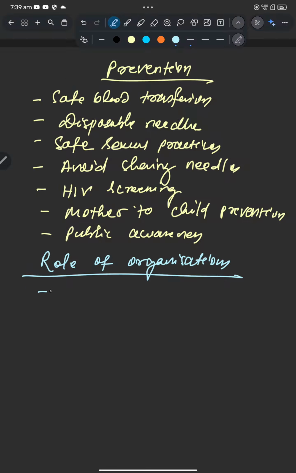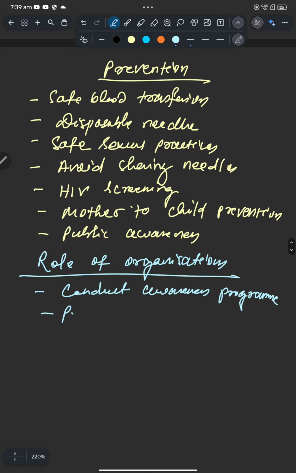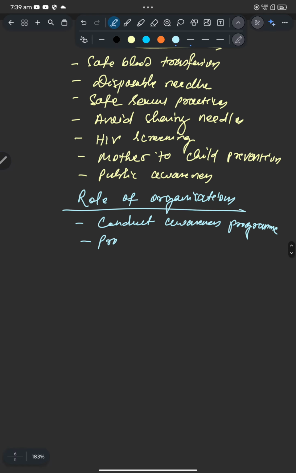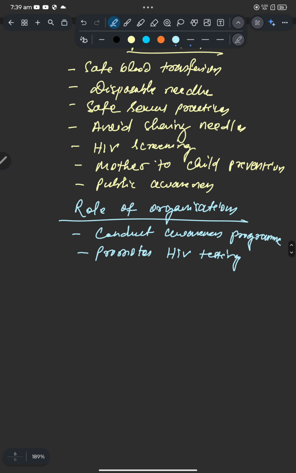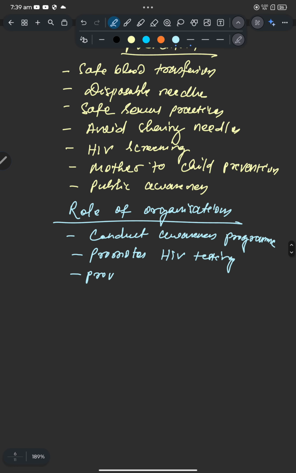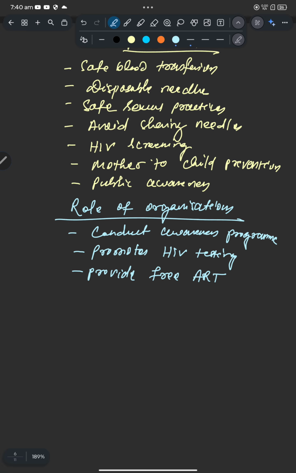They conduct awareness programs, promote free of cost HIV testing, promote HIV testing, provide फ्री आर्ट मेडिसिन. जो आर्ट से जो कंसीव करते हैं ना उनको मेडिसिन प्रोवाइड करते हैं.